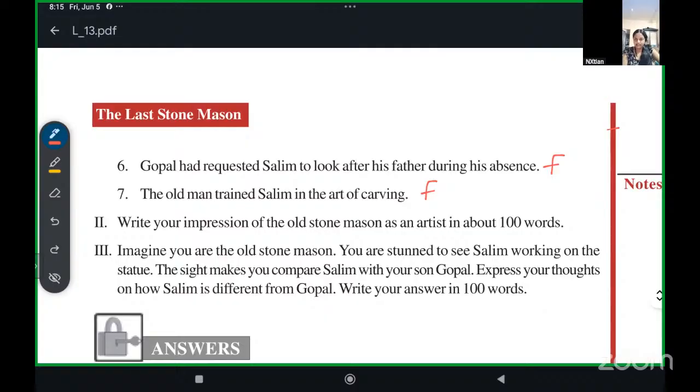See, that is correct that he was good at his art, but when the question asks your impression of the old stonemason, it means your view, not what his impression is in the village. Your impression means your view of the old stonemason as an artist. Okay, now continue. He is a good artist and he's a dedicated one.